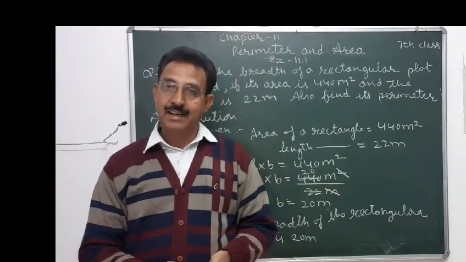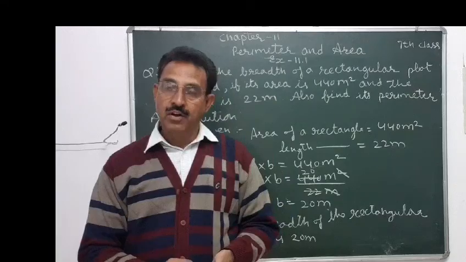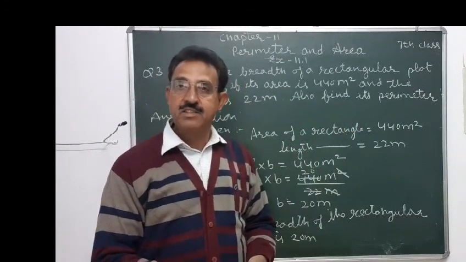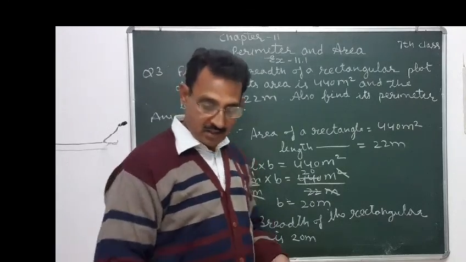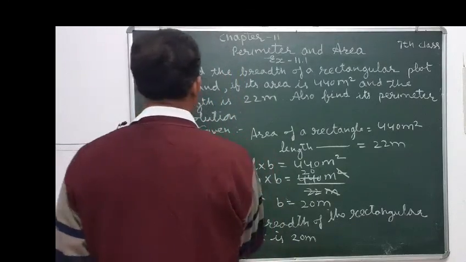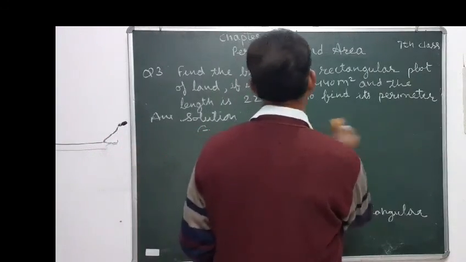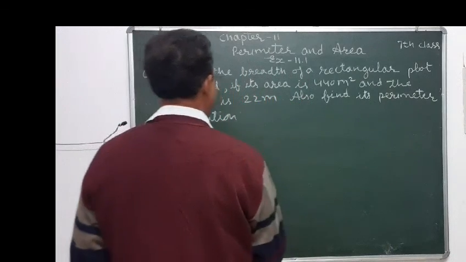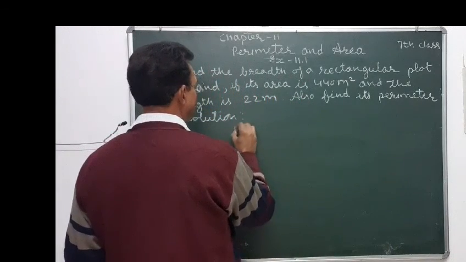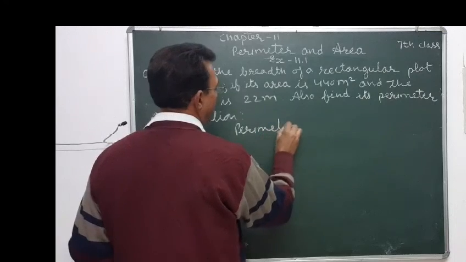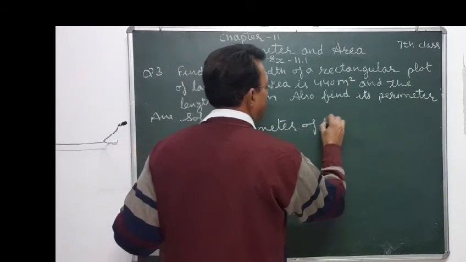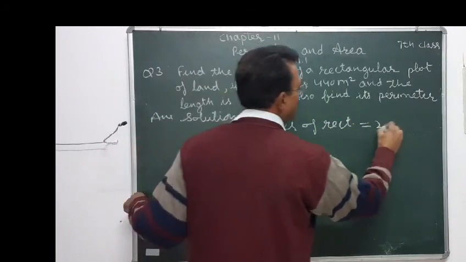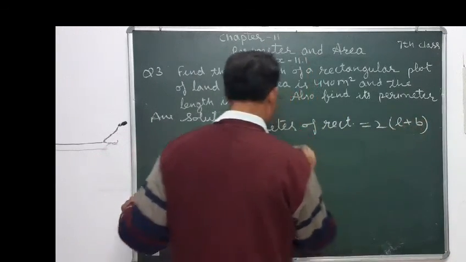Now we have both length as well as the breadth. Now in the second part we have to find out the perimeter. We know that the perimeter of a rectangle is 2 into length plus breadth. So let's proceed. Perimeter of rectangle is equal to 2 into length plus breadth.